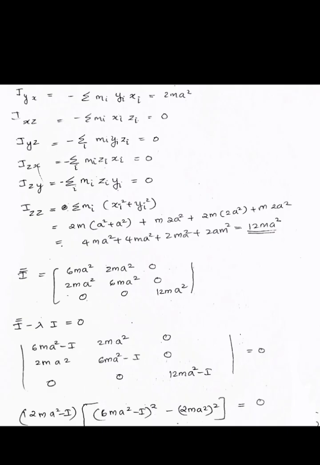Solving this, we get 12ma square minus I into 6ma square minus I the whole square minus 2ma square the whole square is equal to 0. From here, we get 12ma square minus I into 8ma square minus I into 4ma square minus I is equal to 0. That is, I is equal to 4ma square, 8ma square and 12ma square. So, these are the values of I.